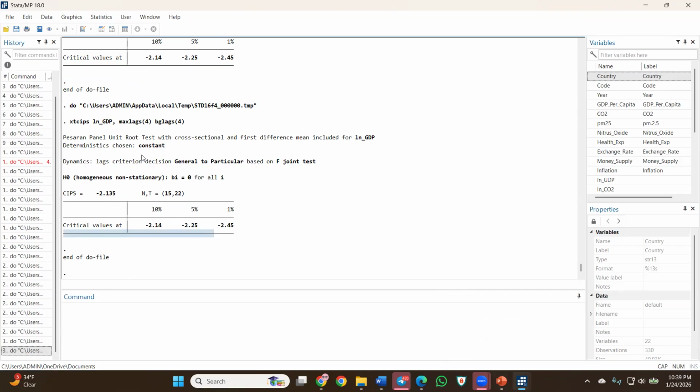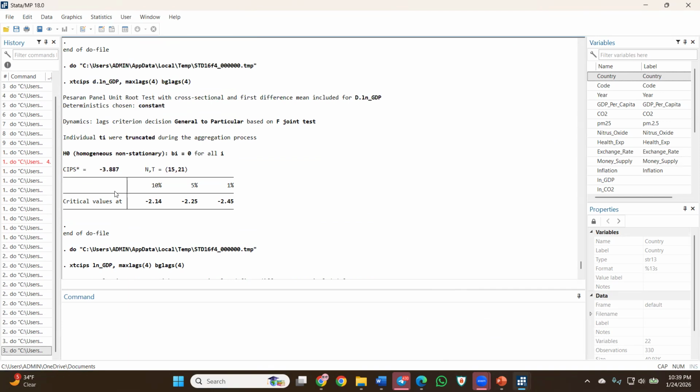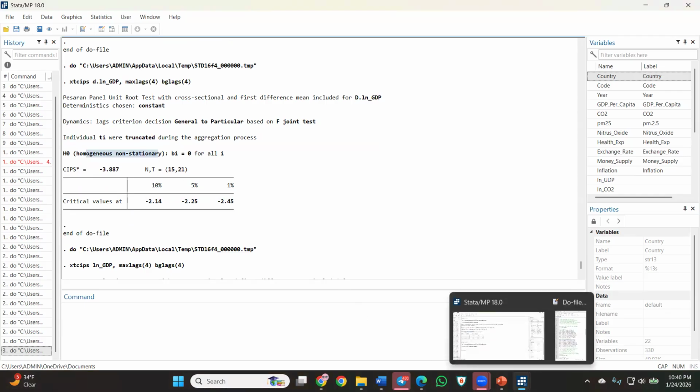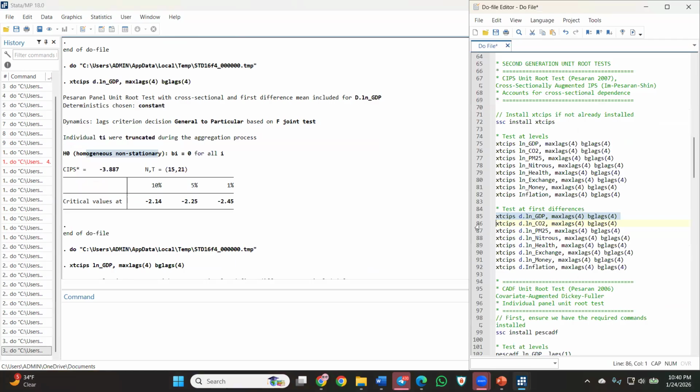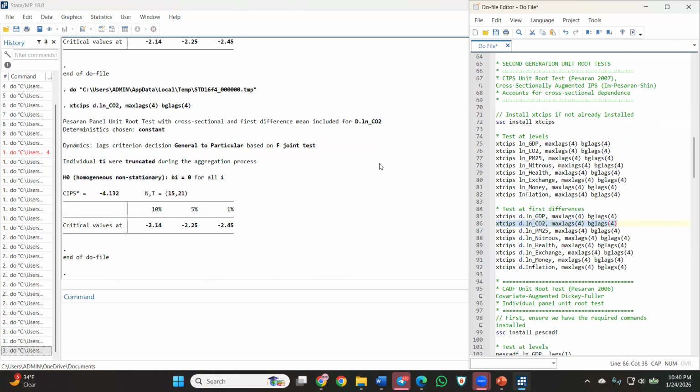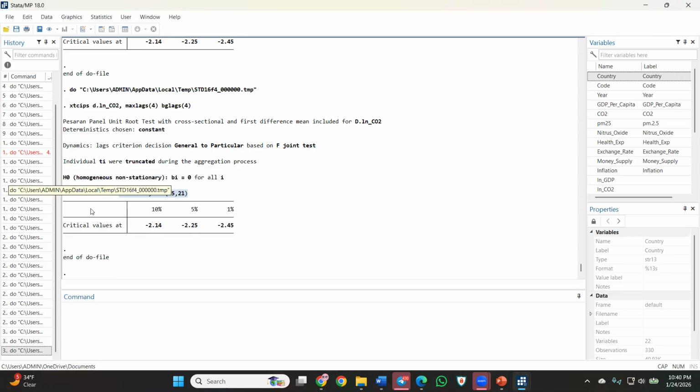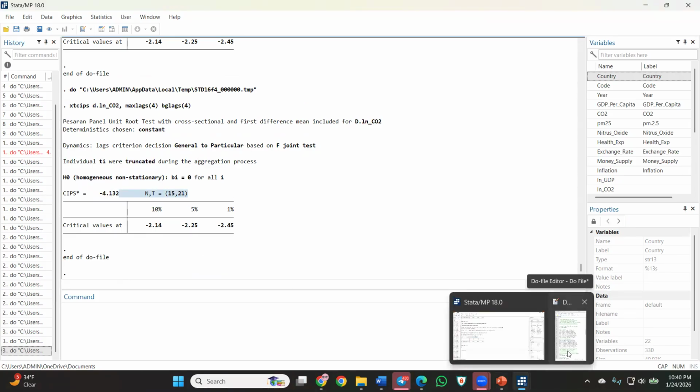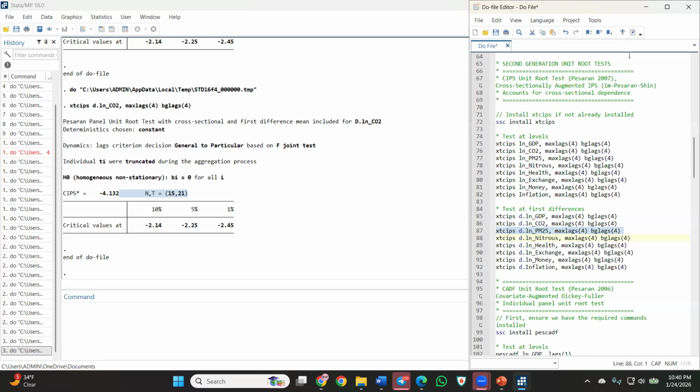Then we ran the first difference, and now the value is greater than the critical values. That means it is now stationary. So we run for all of them. You see that this one too, the value is greater, which means it is significant.